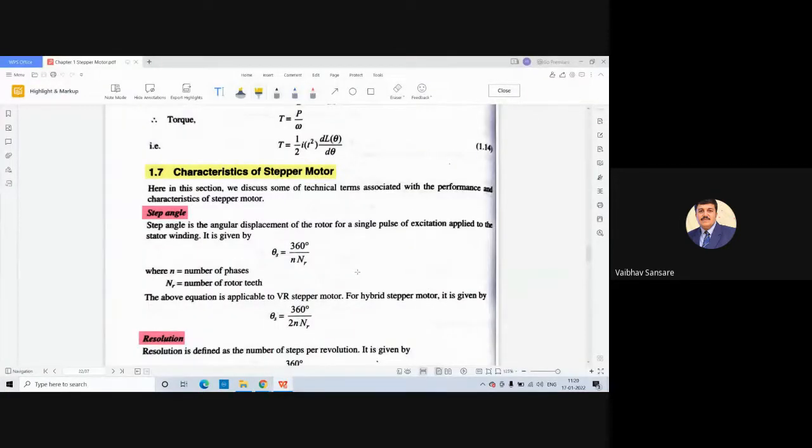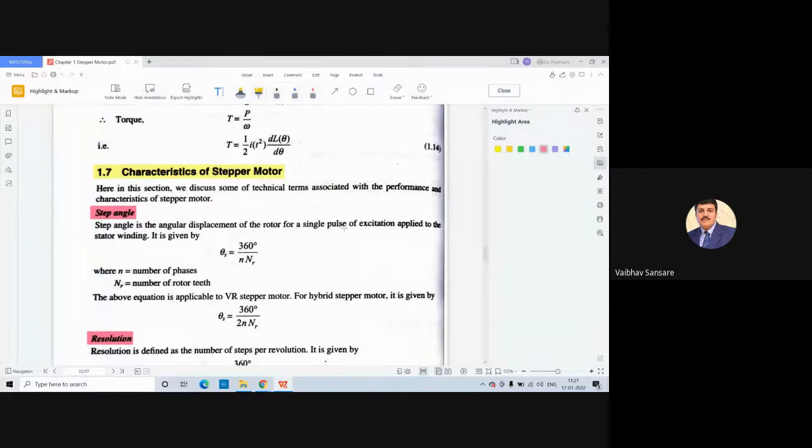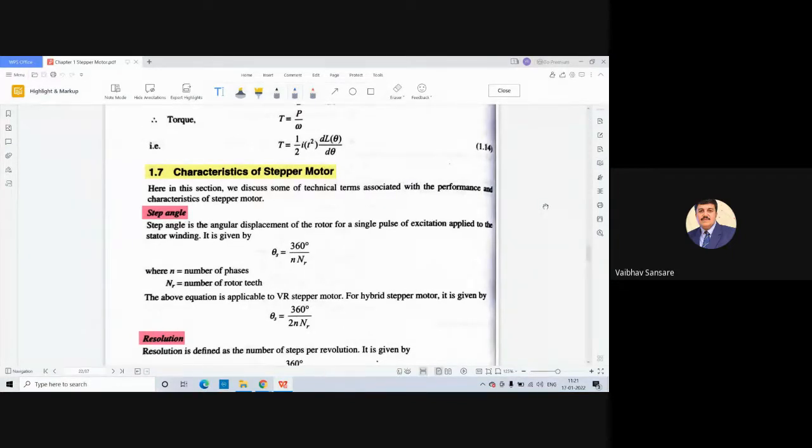Okay. So the first term is step angle. We have already discussed this term in the single stack variable reluctance stepper motor. So what is step angle? The step angle is the angular displacement of the rotor of a stepper motor when we apply a single pulse of excitation to the stator winding.